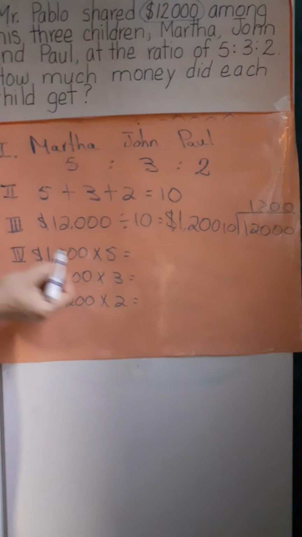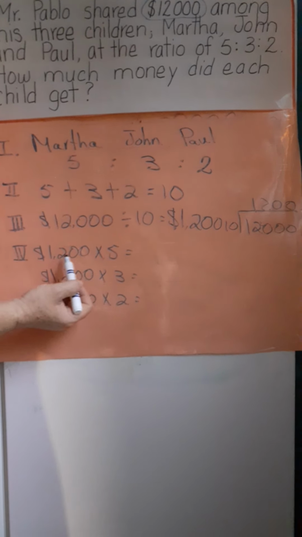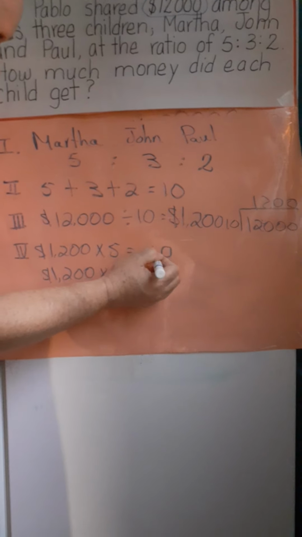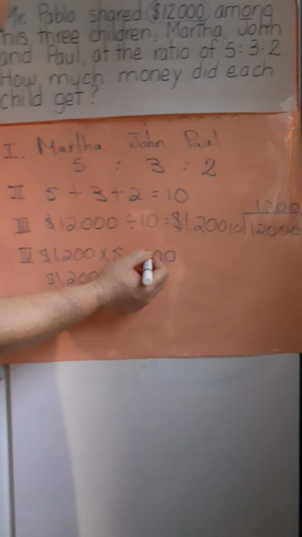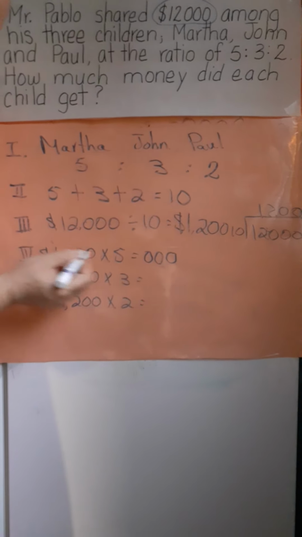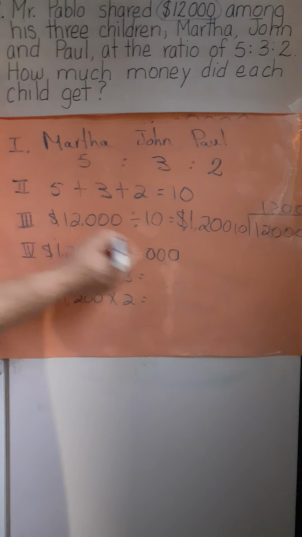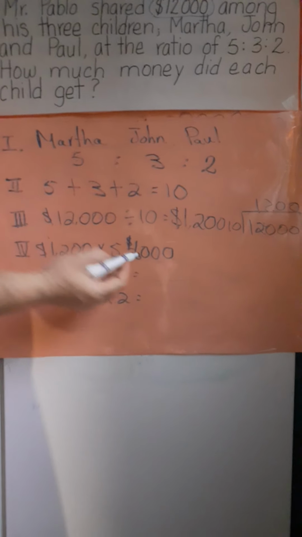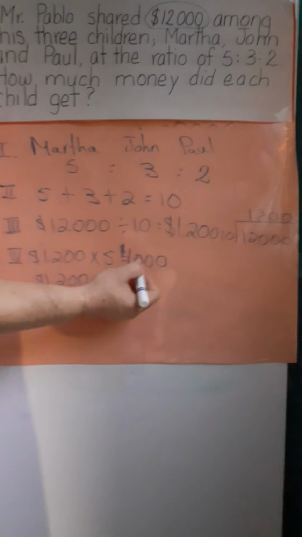Okay, now this 1,200 times 5 is going to give us 5 times 2 is 10. We carry 1. 5 times 1 is 5 and 1 is 6. So Martha got $6,000.